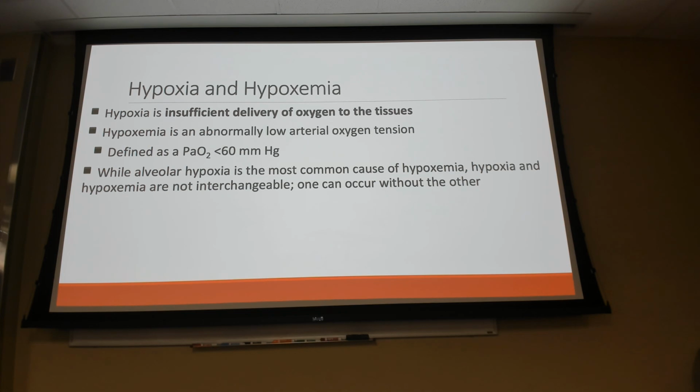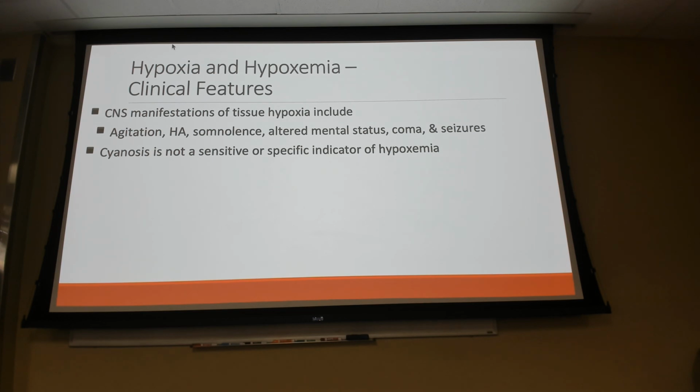Just know that a PaO2 should be greater than 60, or pulse ox, which is an SaO2, should be greater than 90. Some of the clinical features of hypoxia or hypoxemia are things that we've already talked about: dyspnea, tachypnea, agitation, tripoding, accessory muscle use, things like that.